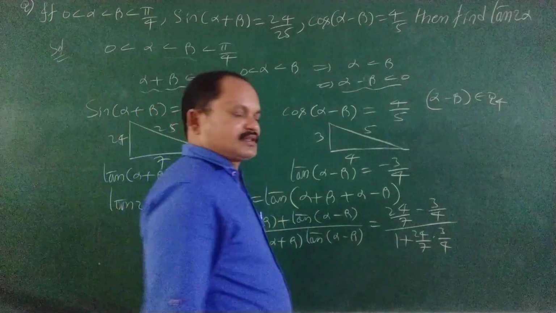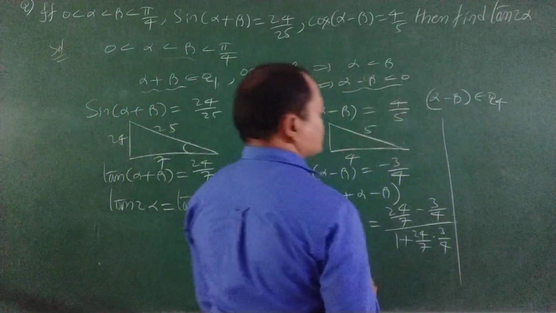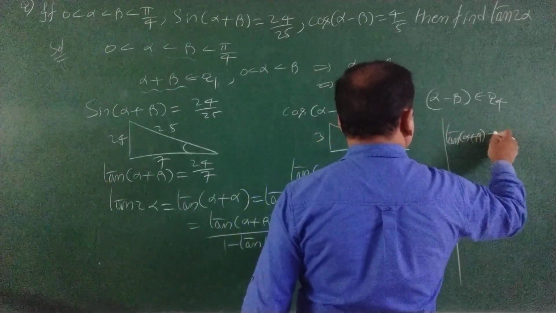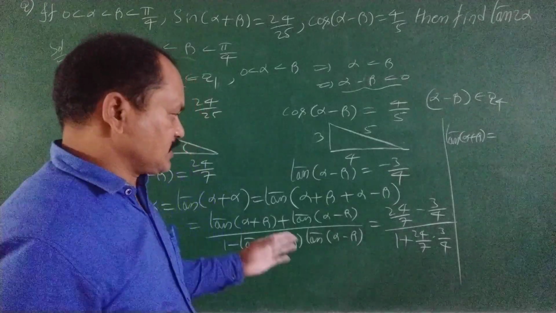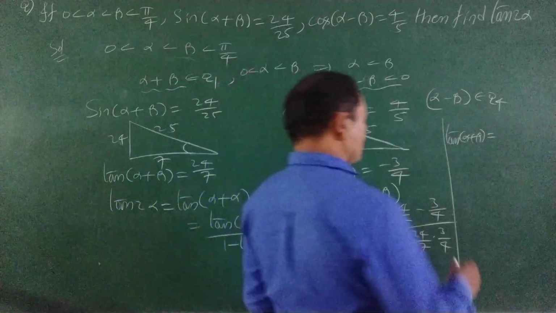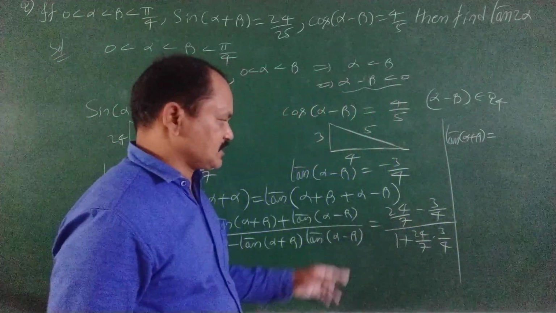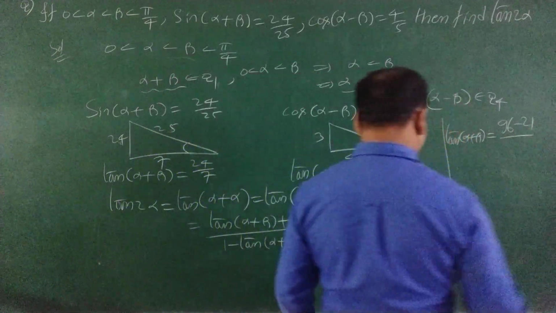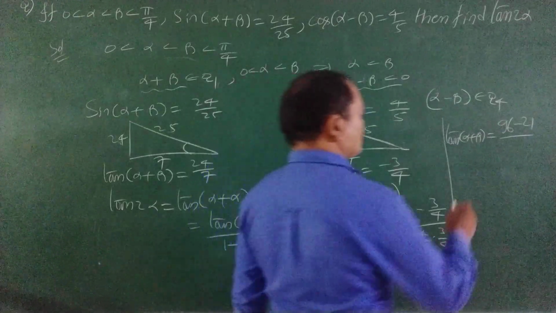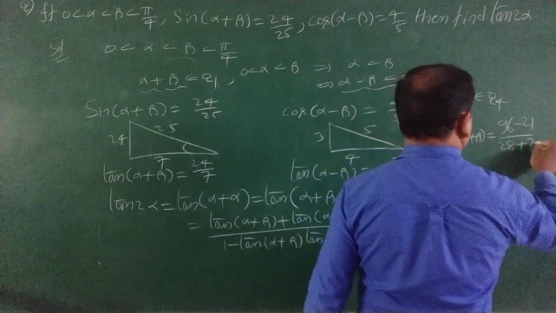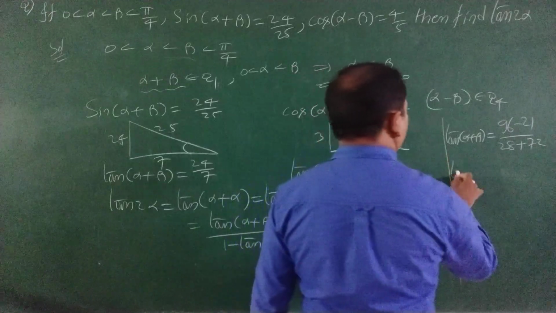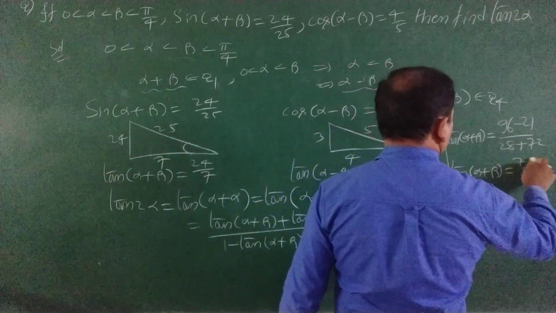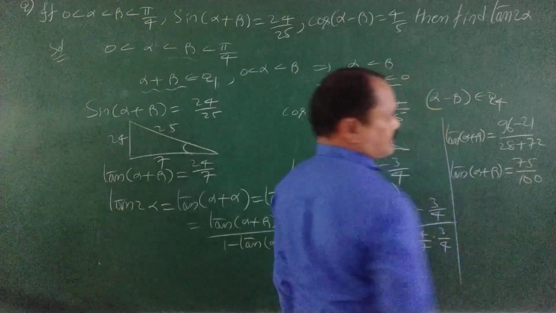For simplification, take LCM 28, so the LCM gets cancelled. We get 96 minus 21 divided by 28 plus 70, that is 75/100.